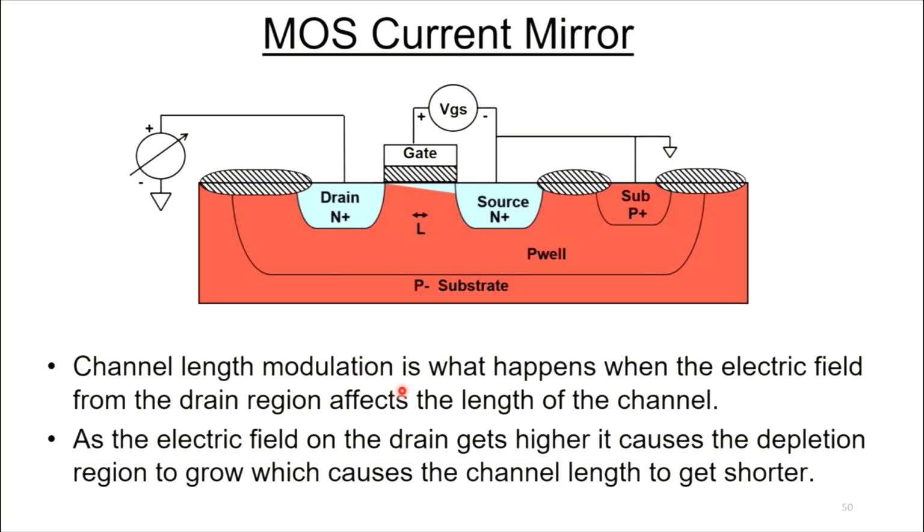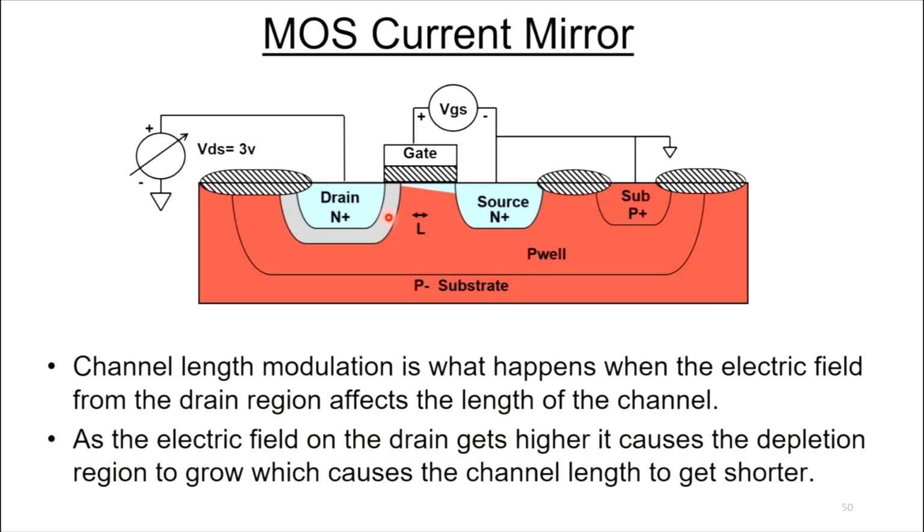And here I just want to show what channel length modulation looks like from the device standpoint. You can see as we increase the drain to source voltage here, we get a depletion region forming around the drain. And that depletion region starts eating into the channel that we're forming between the source and the drain here. And if we increase the voltage, you can see it eats into the channel a little bit more. Let's increase the voltage a little bit more.